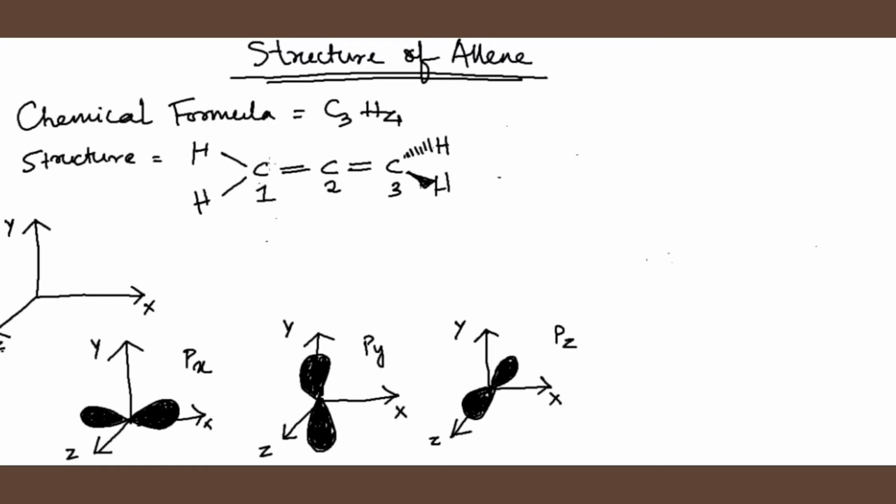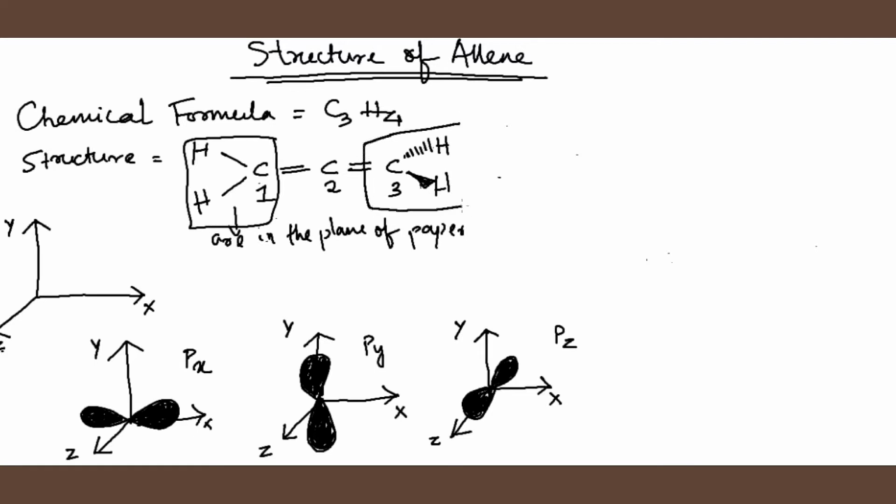Now we will see why in the allene structure these two bonds are in the plane of the paper. These two are in the plane of the paper. And these two hydrogens are perpendicular to the plane of the paper.